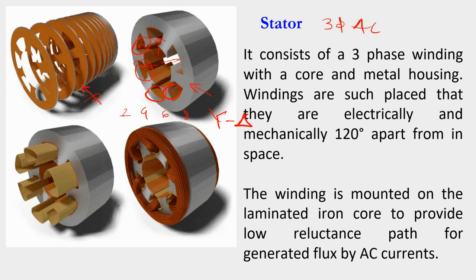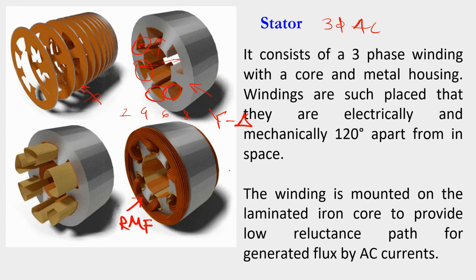When three-phase supply is given to the stator winding, a rotating magnetic field, that is RMF, of constant magnitude is produced. This rotating magnetic field induces currents in the rotor by electromagnetic induction.